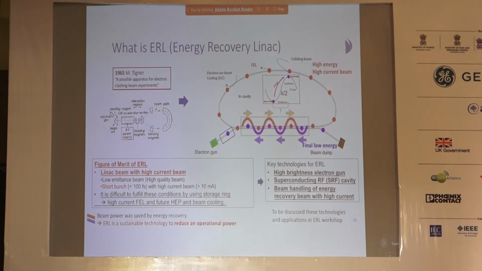In the bottom part, the green on the left-hand side is an injector, and the blue one is the accelerated beam. Then it can be extracted for isotope production. Please, next slide, please.